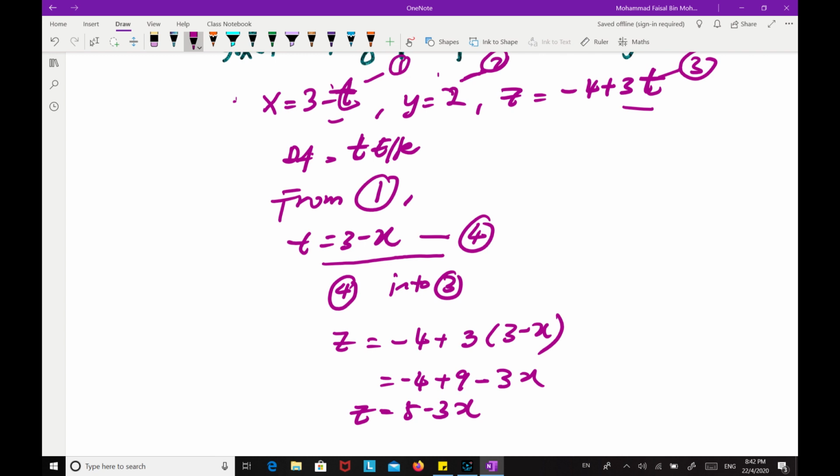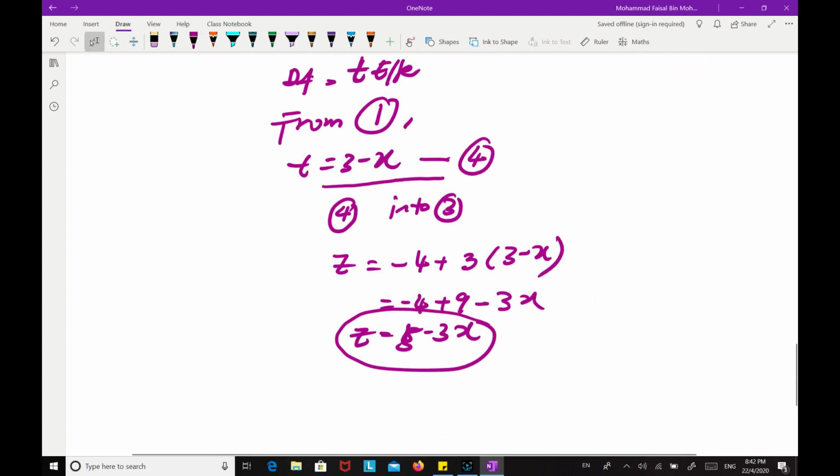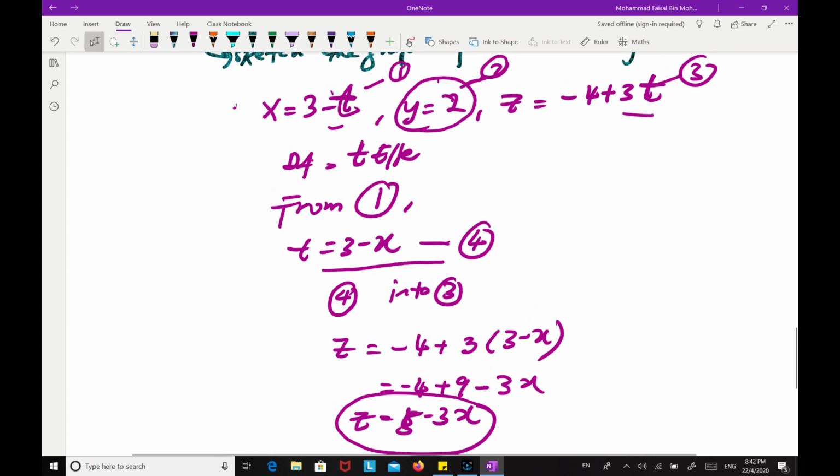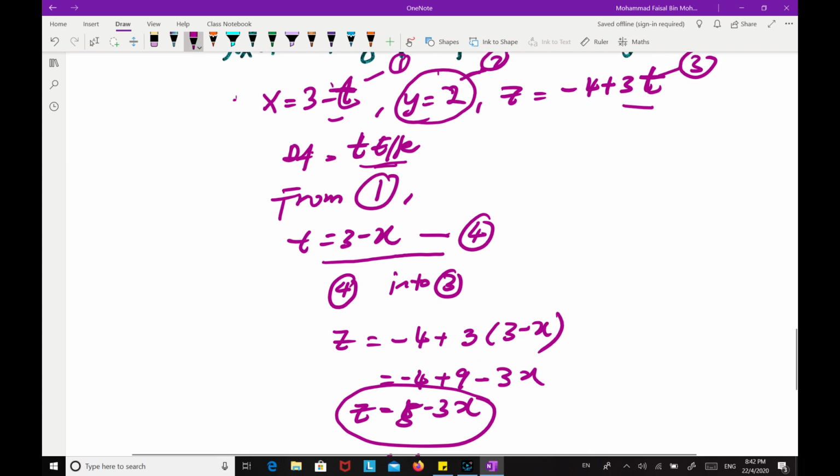Now you have y equals 2, and z equals 5 minus 3x. Now we want to know the direction of t. As far as concerned, t is an element of R, so you can choose any value of t, which refers to the domain of r(t).